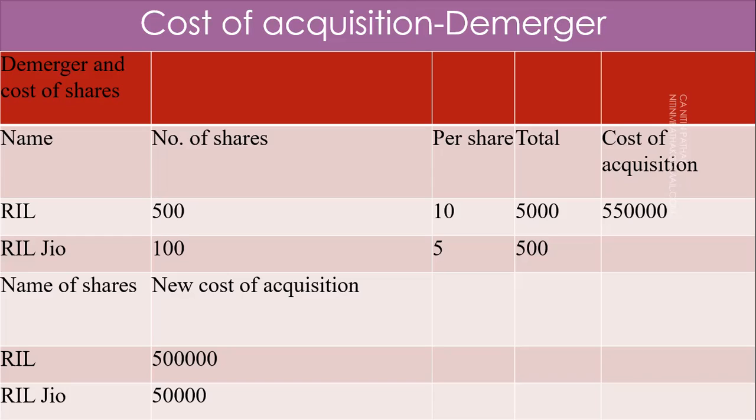But there would be one correction: RIL 500 would be considered out of 550. Reliance would be 500 shares, and Reliance Jio 100 shares, in lieu of 50 shares. The value would be the new value after demerger.